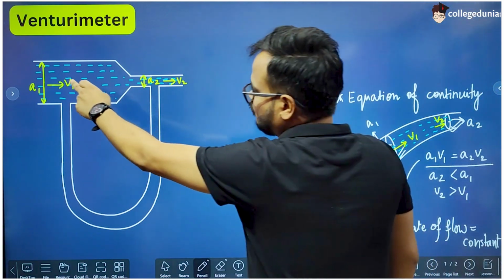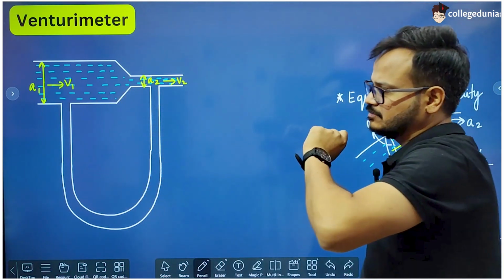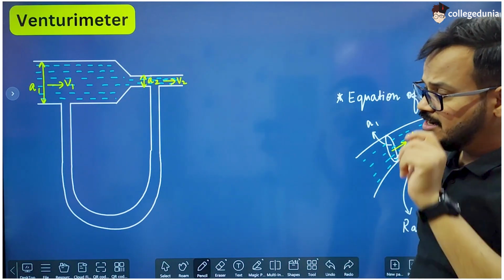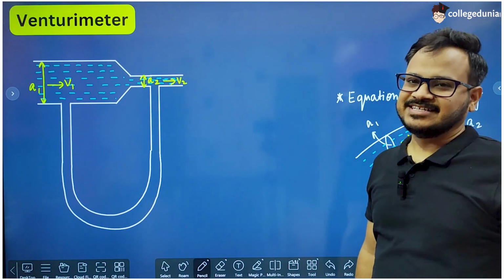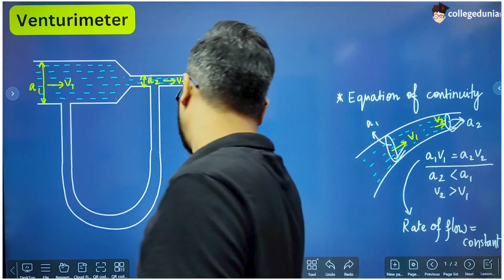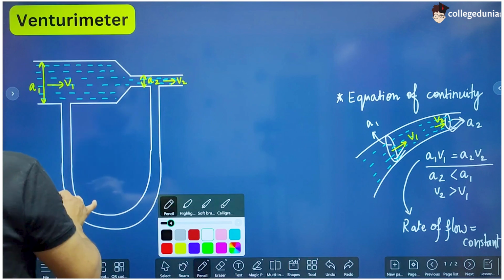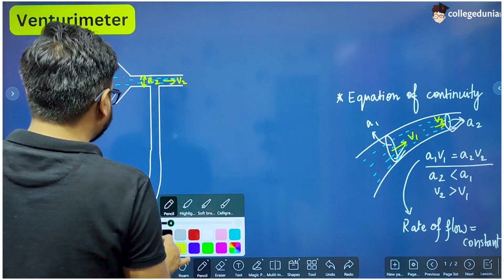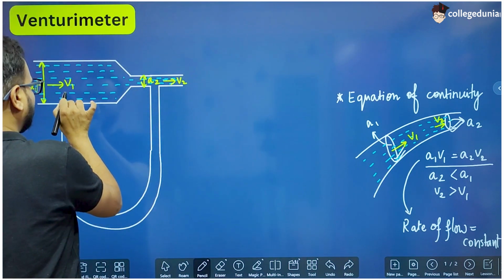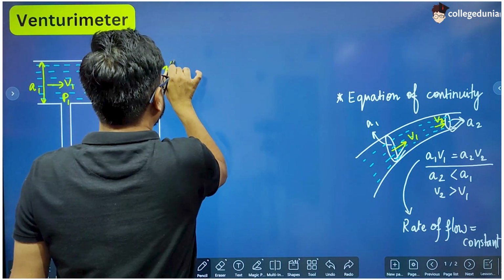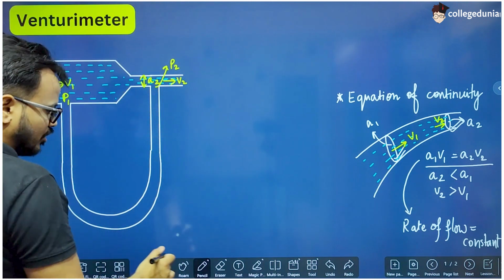But kinetic energy will change because velocity is changing, and pressure energy will change, right? Because pressure is also changing. When the velocity changes, then pressure also changes. So let us say the pressure of the liquid here is P1 and the pressure of the liquid here is P2. Okay.